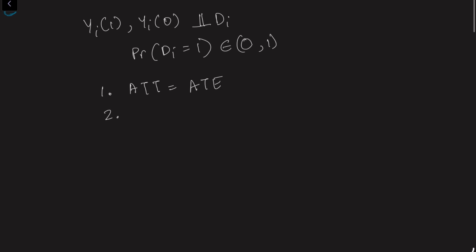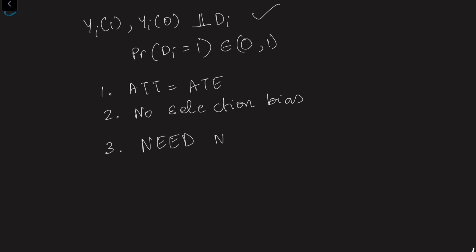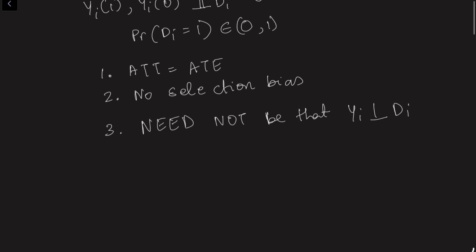The second property was that there is no selection bias anymore. And the third thing we inferred was that simply because this is true, it need not be that the observed value is also independent of treatment assignment. So these are the main inferences we had in the previous few videos.